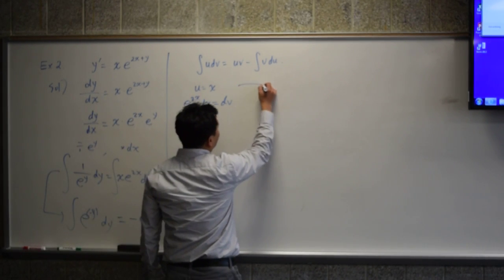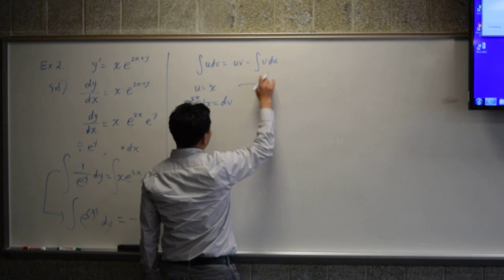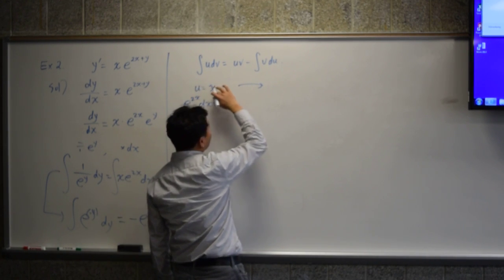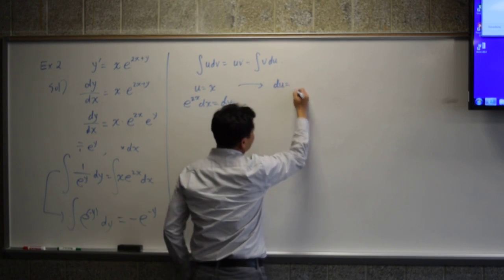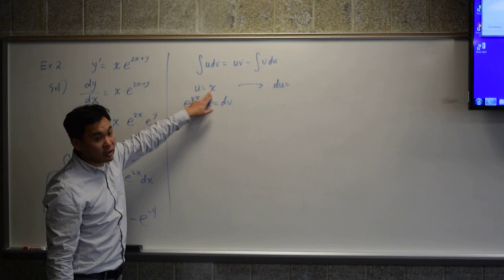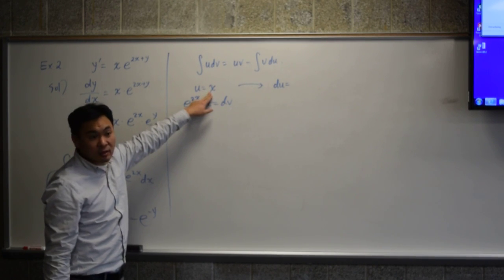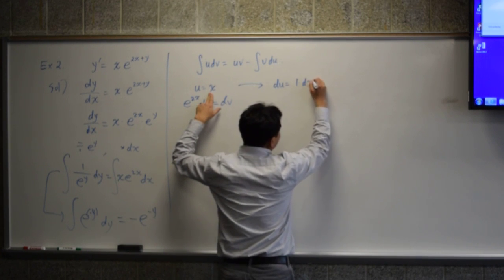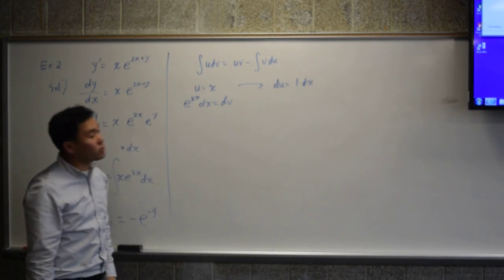Now, to fill in the right side, we actually need v and also du. So first, if you differentiate u, what do you get? What's the derivative of x? 1. So you write what? 1 dx. Okay, du is 1 dx.